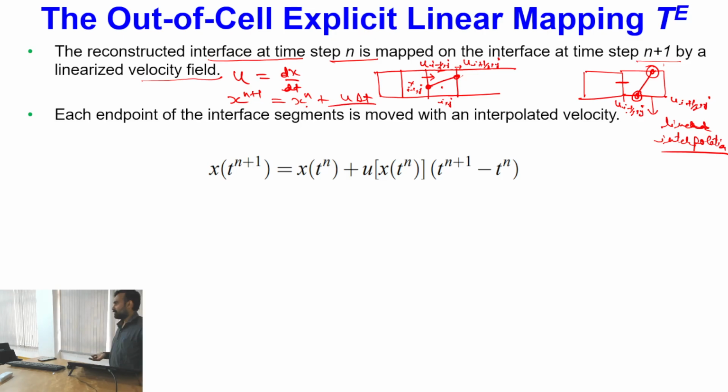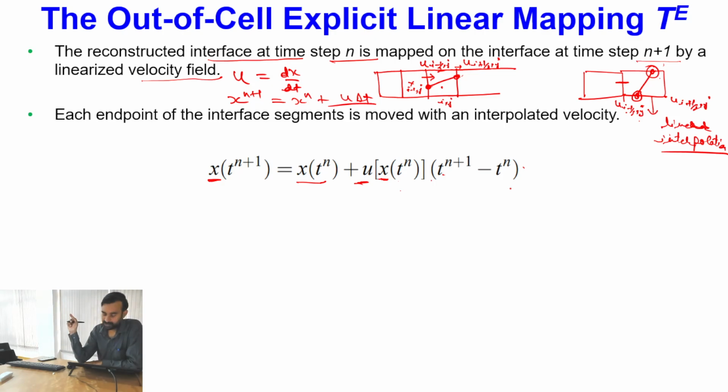Is this point clear? In a similar way, if I know the velocities at the line segment points, I can find the next position of those points. That next position, x of t n plus 1, will be equal to x of t n plus u, which is a function of x of t n, times t n plus 1 minus t n. Are all clear with this point?